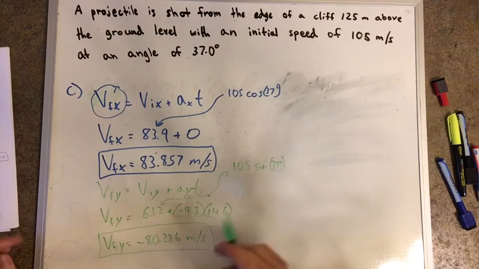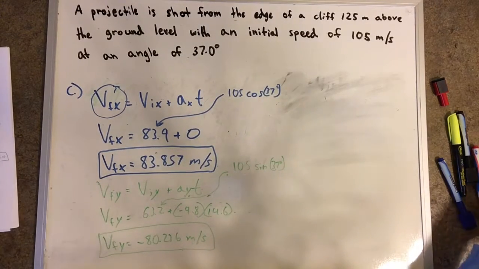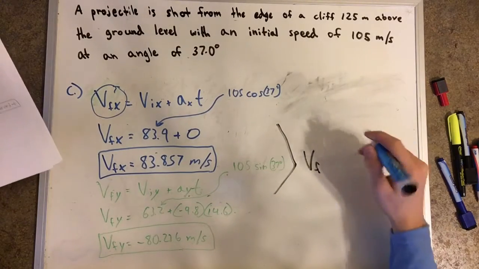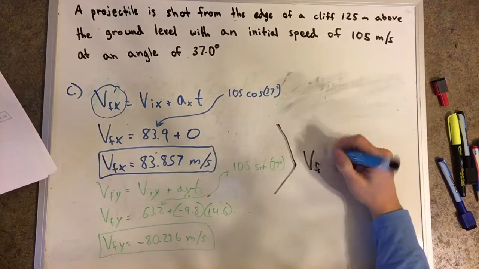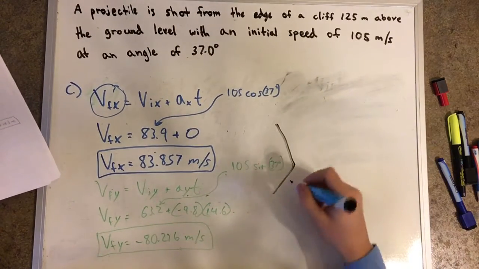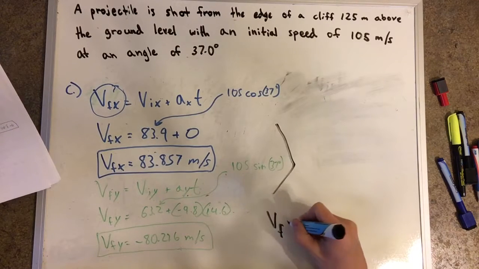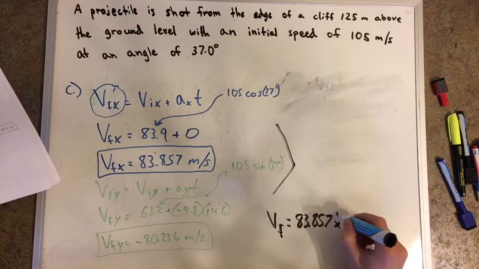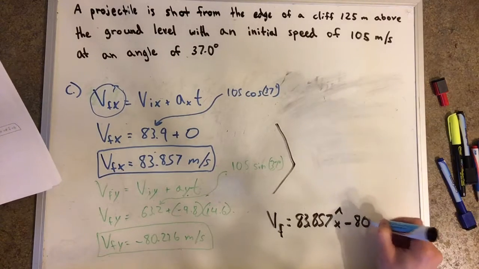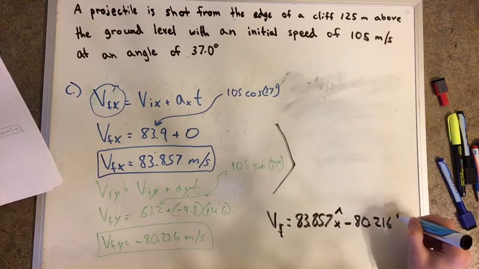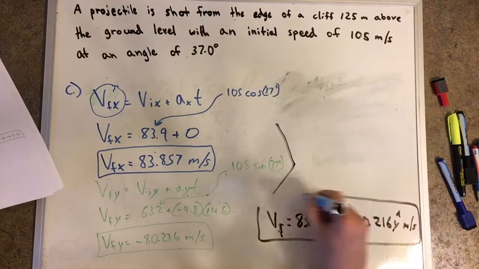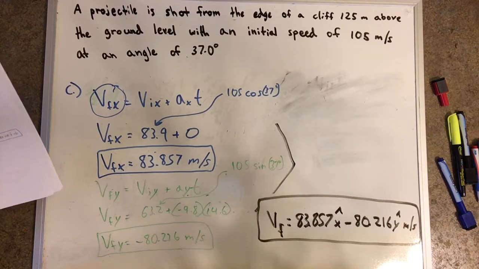To put this together, it's helpful to put it in component form, which is Vf equals 83.857 x direction minus 80.216 y direction meters per second, which is the horizontal and vertical components of its velocity.